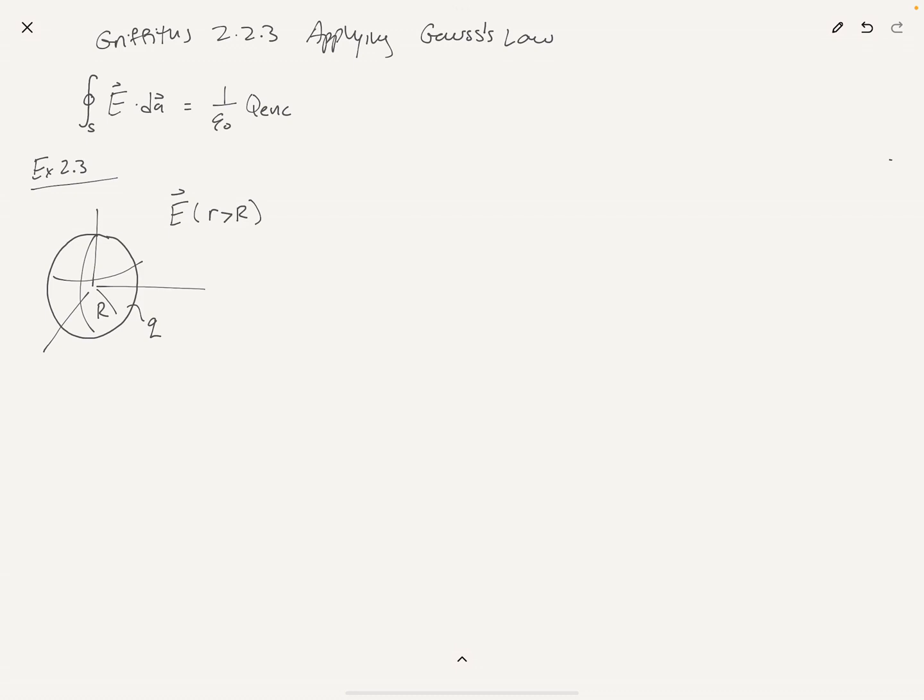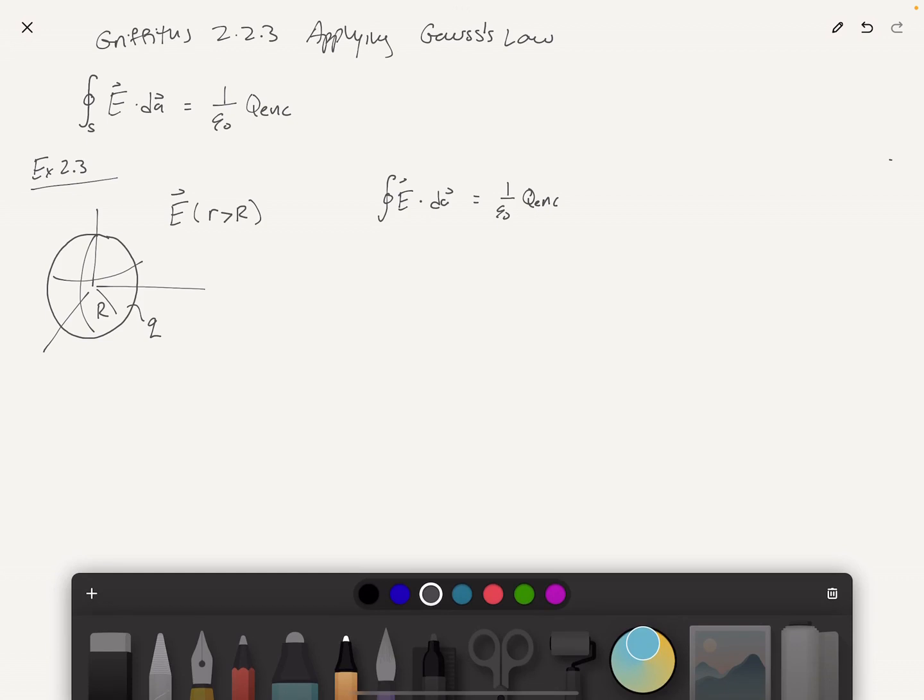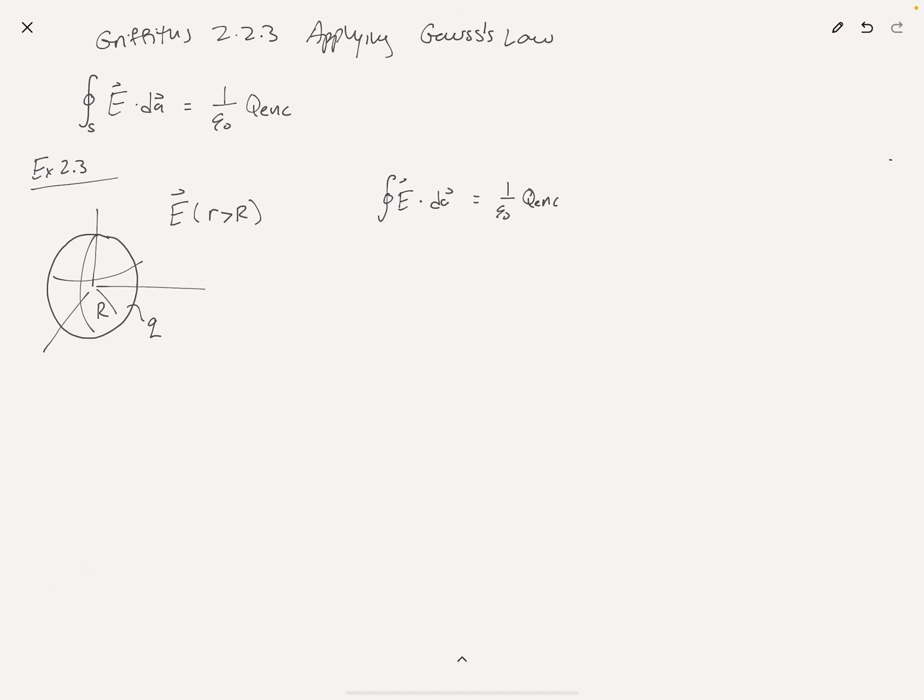I'm going to rewrite Gauss's law. I have the integral of E dot dA is equal to 1 over epsilon naught Q enclosed. To use Gauss's law, I need to draw a Gaussian surface. A Gaussian surface is any surface that encloses my total charge.